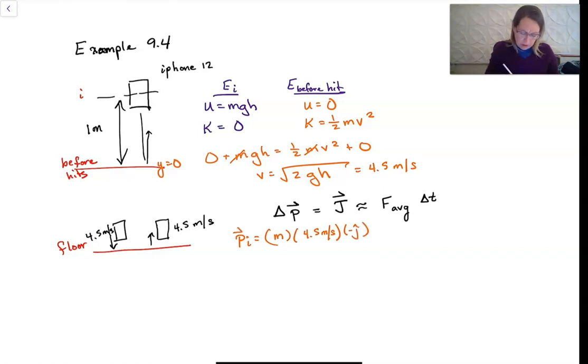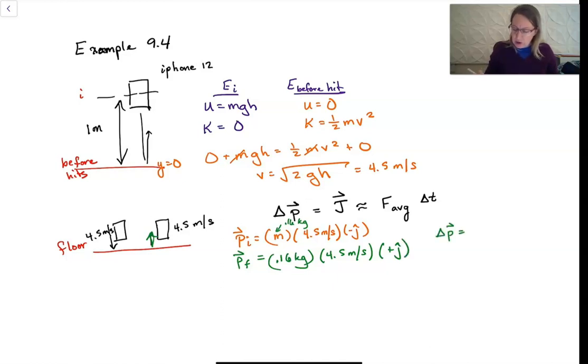And then the final here, after the collision, is the mass. And I guess I should look that up. I've got about 0.16 kilograms. So that's what's there. 0.16 kilograms, again, times 4.5 meters per second, and this is in the plus j hat direction. So if we look at the change in momentum, notice that in general, this is going to be the mass times velocity for the final.